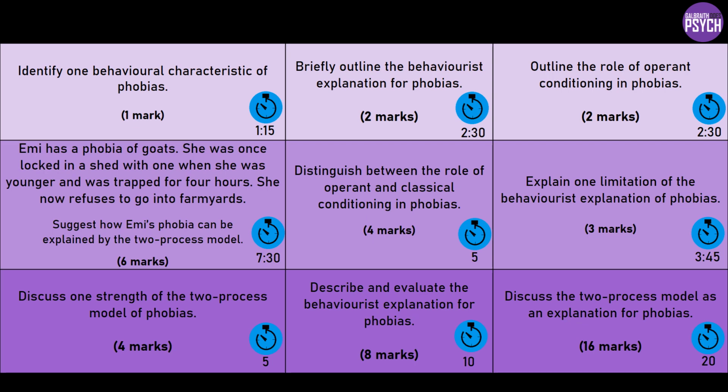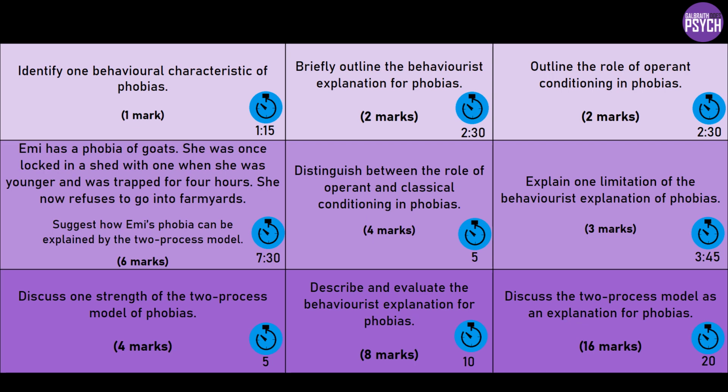As I said, you don't want to go off too much into evaluating why that is, because we're evaluating the theory. So the way to use that would be something like, however, one limitation of this application is that it doesn't work for everybody, and this means perhaps that the 2-process model or the behaviorist explanation only has limited applications. So I've linked it back there to the theory because that's what I'm trying to evaluate here.